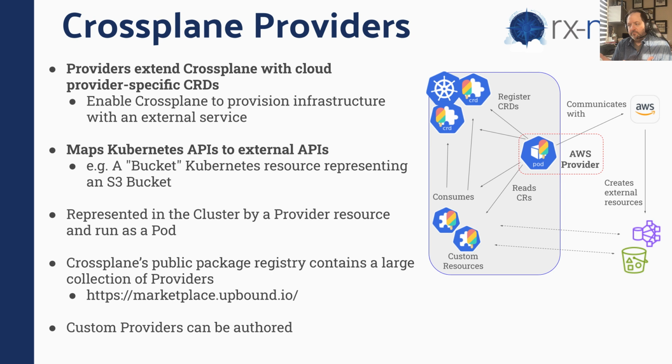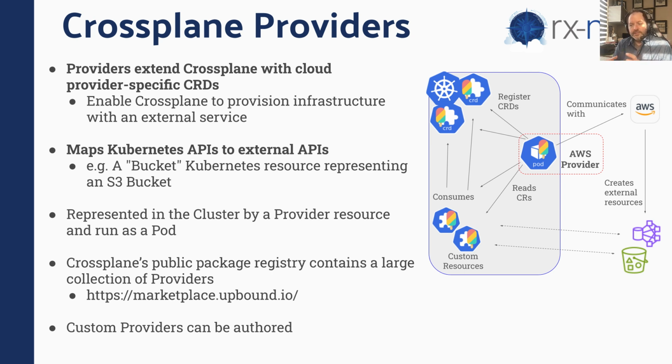But if I'm not going to use, let's say, Amazon RDS, then I wouldn't deploy a provider that would integrate with the RDS APIs. In other words, I wouldn't really offer them in my Kubernetes cluster because I'm not going to use them.